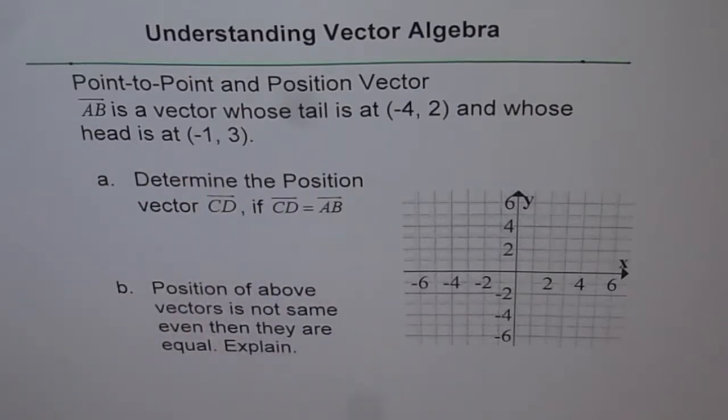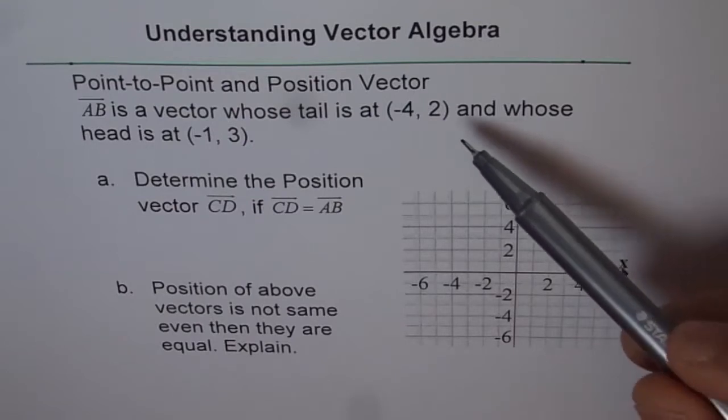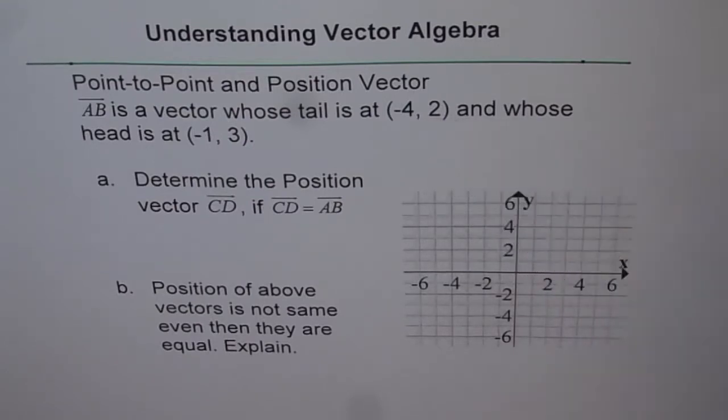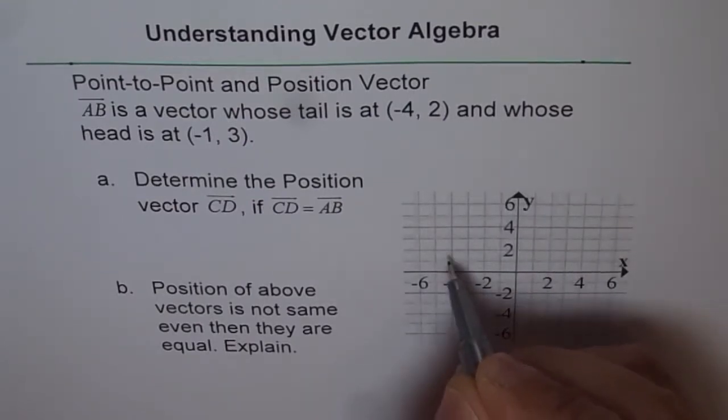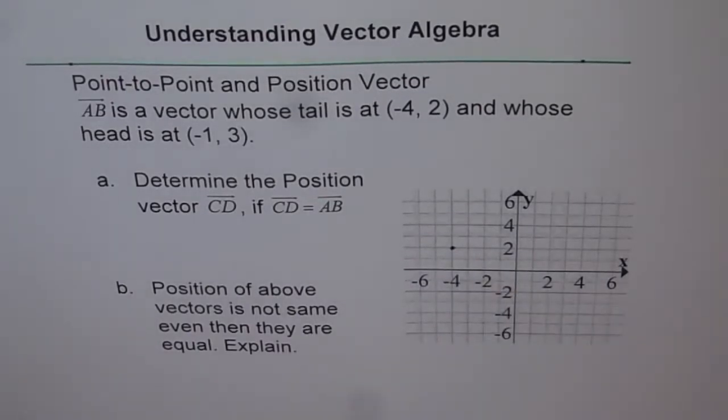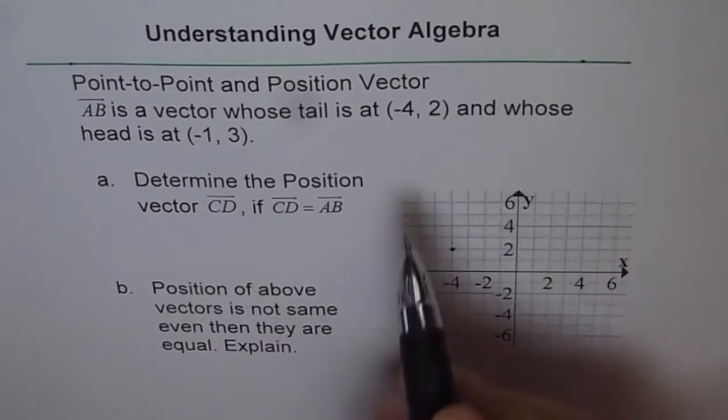So let's first draw the vector AB as we did in the previous couple of videos. Tail is at -4, 2. So that happens to be the tail of the vector AB, and the coordinates of this point will be -4 and 2 as given here.